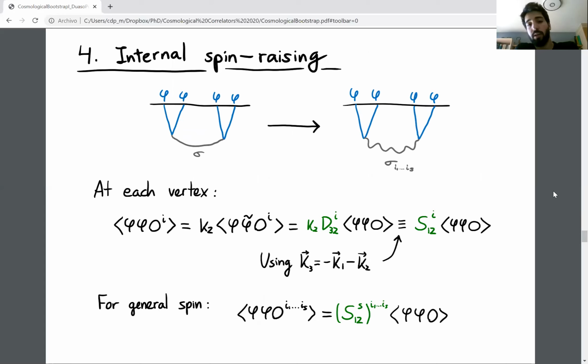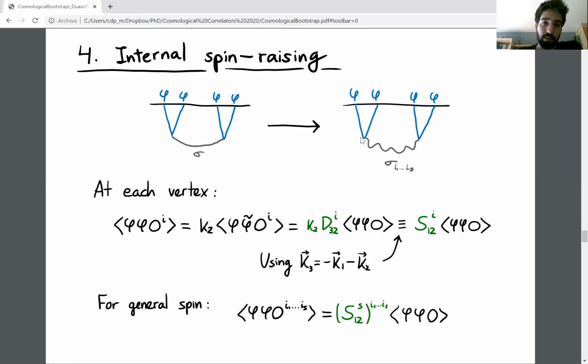Okay, so now I'm going to give you some examples of this. I'm going to start by showing you how to start from a 4-point correlator in which the exchange particle is a scalar one, and obtain a 4-point correlator in which the exchange particle has a spin S. So what we have to look at here is the two different vertices that we have.